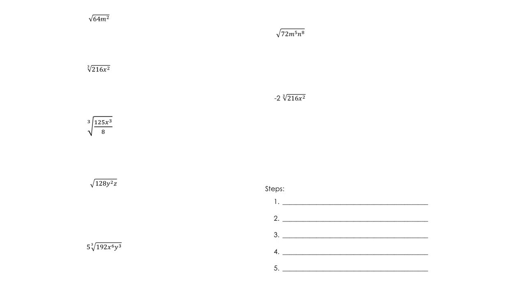This is going to look just like what we did yesterday with simplifying radicals, except we're going to incorporate some variables. So I'm just going to do a few of the examples from the notes to get you guys started.